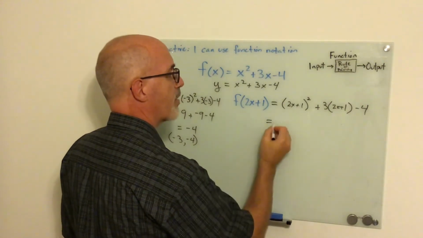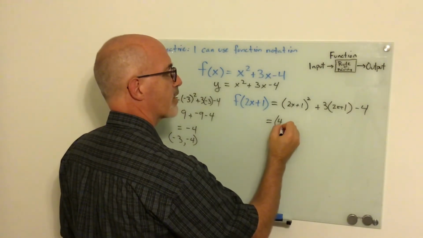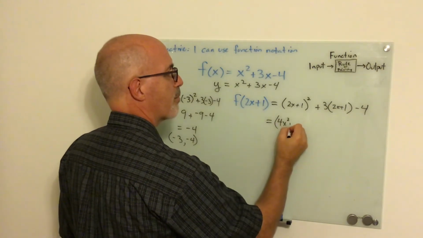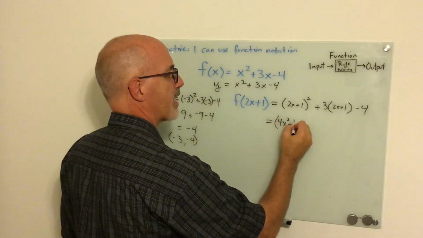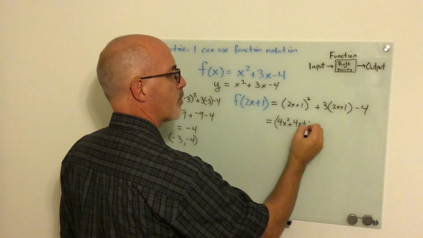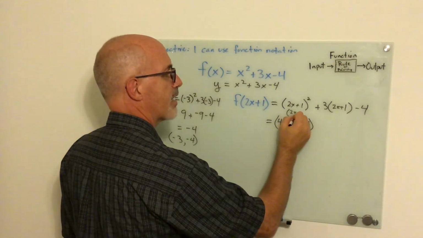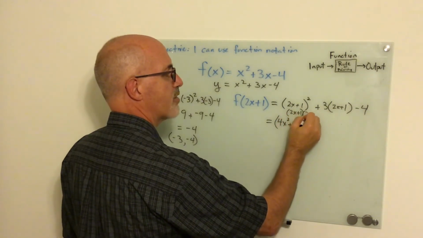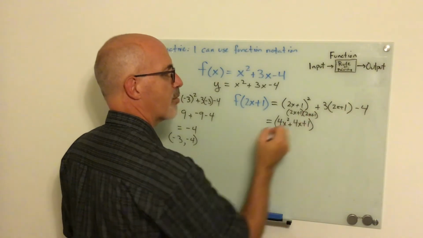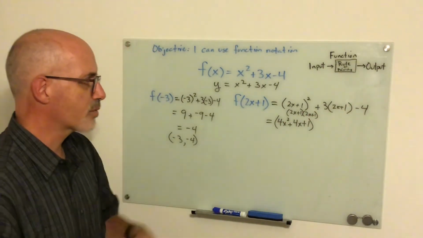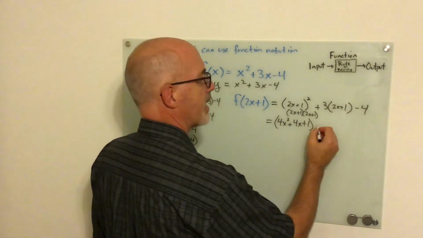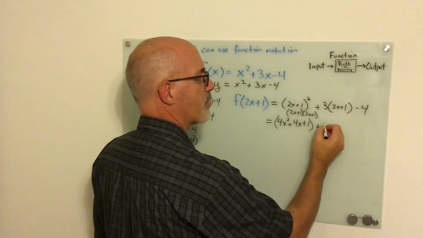So when we square this, we get 4x squared plus, when we multiply these together, we get plus 4x plus 1. If you want to take a moment and multiply these two out, double distribute, you'll get 4x squared plus 4x plus 1. Next, we distribute through the 3 here.